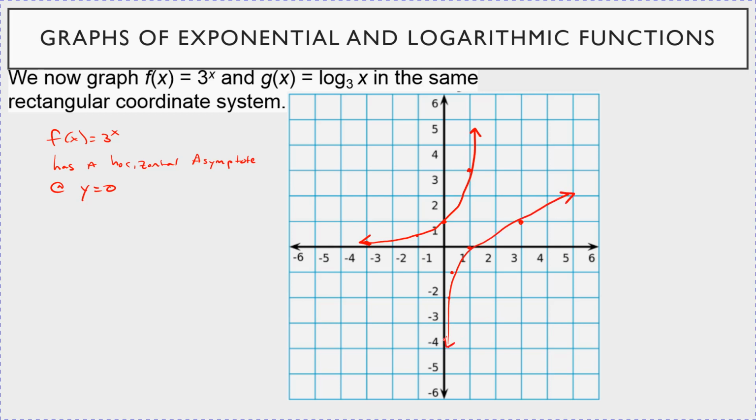And you can see here what's really interesting, this graph g of x, which is log base 3 of x, has a vertical asymptote at x is equal to 0.